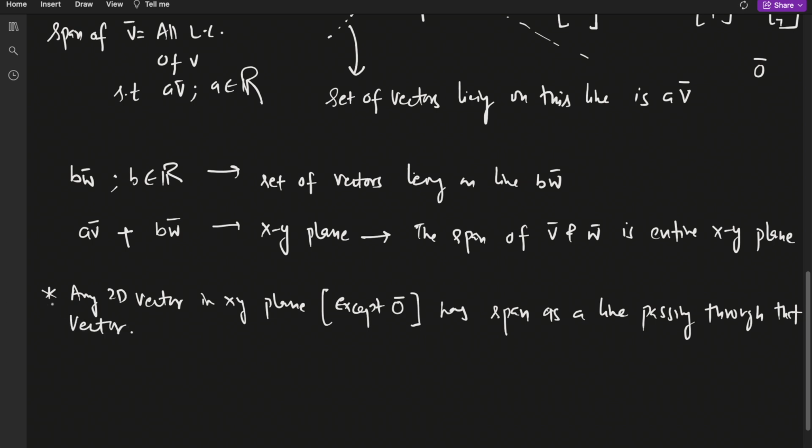Or you can also say that the span of any 2D vector in the xy plane is the line passing through that vector.